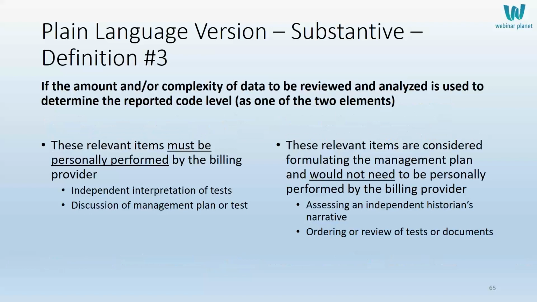And then number 3 says, if the amount and complexity of data reviewed, that middle column, is to be used in selecting the level, so as one of the 2 out of 3 elements, then the relevant elements must be personally performed by the billing provider. So not by the PA. So it just depends how the service comes out, exactly who is supposed to be billing for the service.